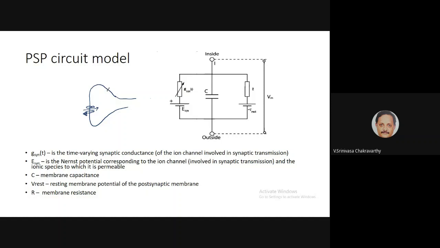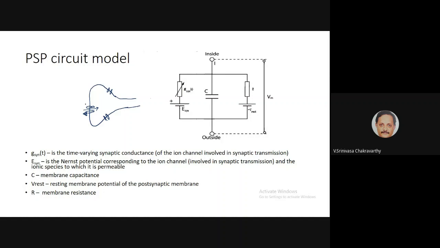And then you have other channels in other parts of the postsynaptic terminal. We'll assume that these are passive, because I'm looking at a very simple model of the postsynaptic membrane. And this is a reasonable assumption because we said that typically there are no voltage dependent channels on the dendritic side, and this is the dendritic side. So we'll assume that these channels are passive.